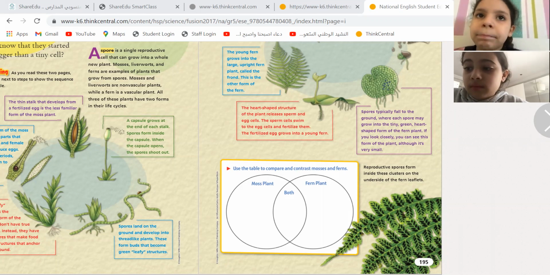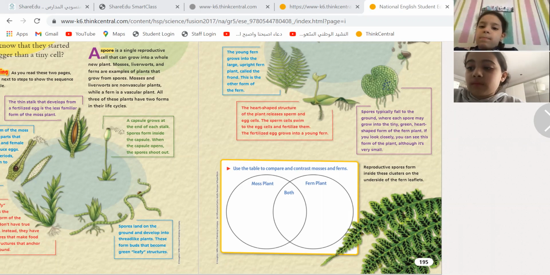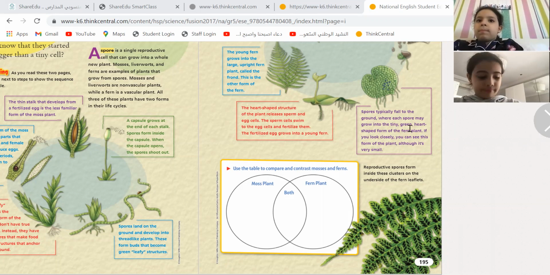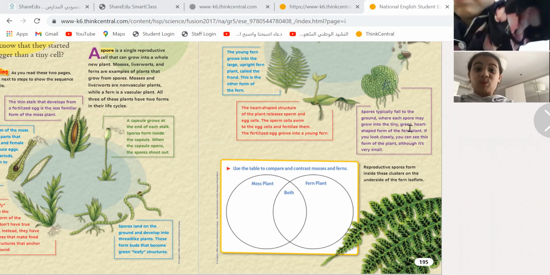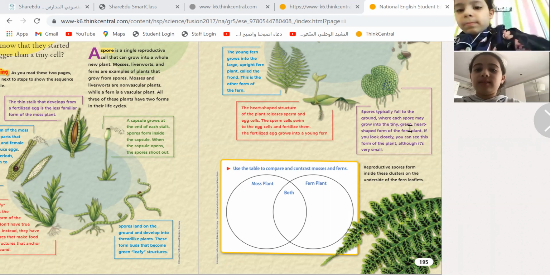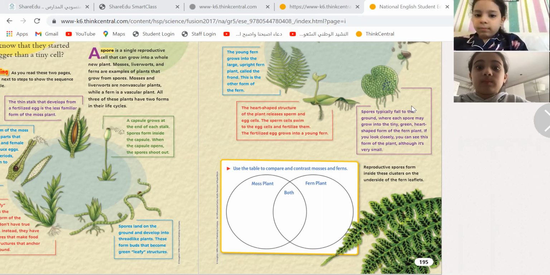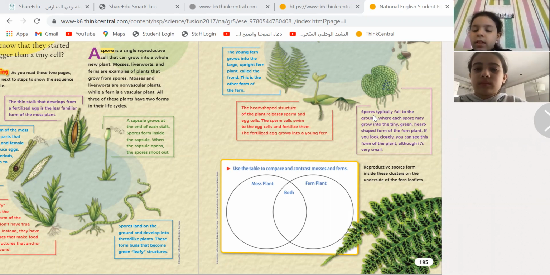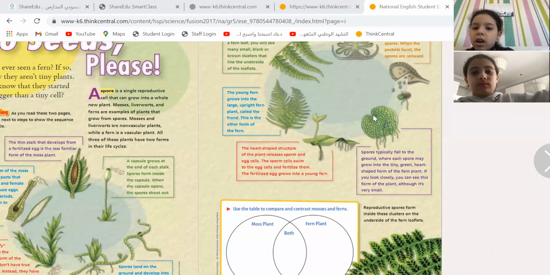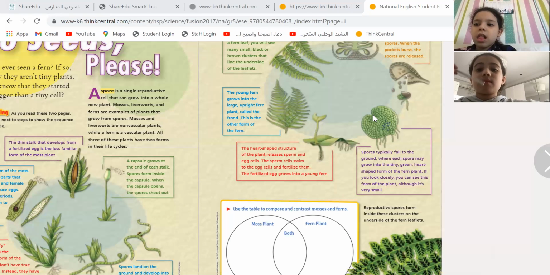Ferns and mosses have to grow in a perfect place. What is the perfect place for them? A surface that is exposed to the sun, that is near water, and not easily damaged, because they are breakable and you can damage them easily. So they need a very good place to grow in.